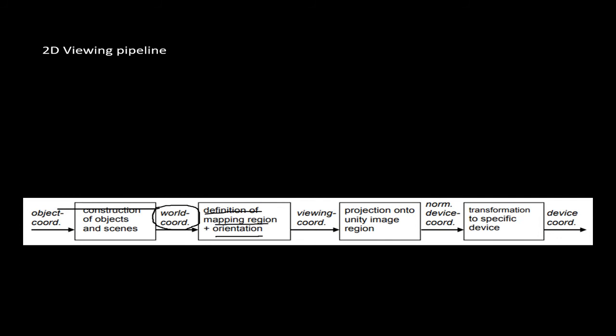Then it is going to be transformed into the viewing coordinate. The projection into the unity image region is going to happen. Then normal device coordinates, so the device coordinate is finally going to come into play.